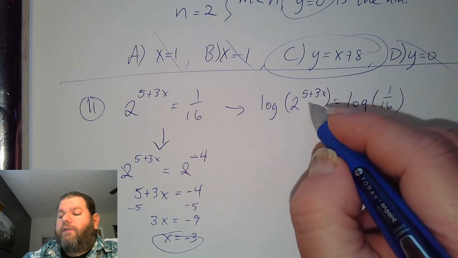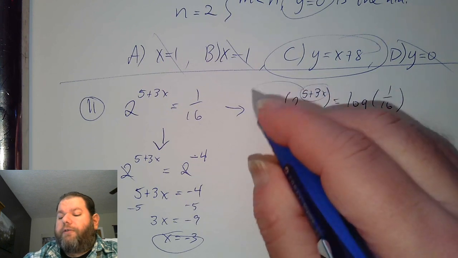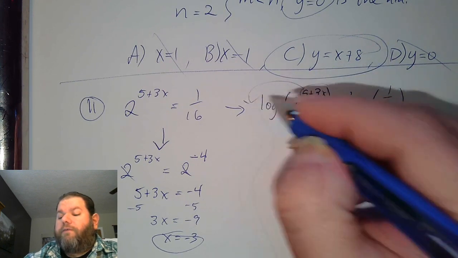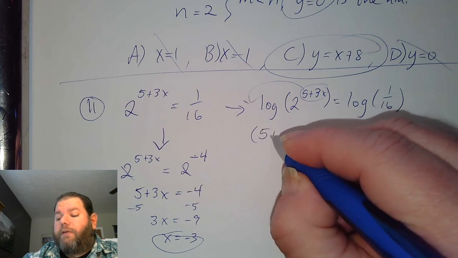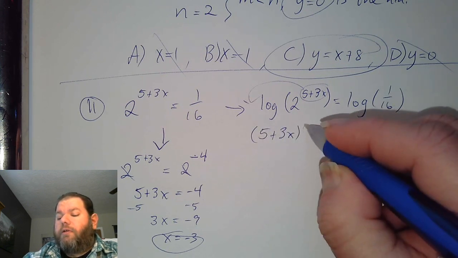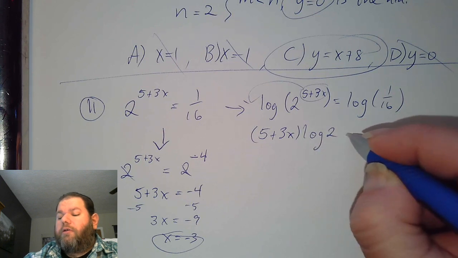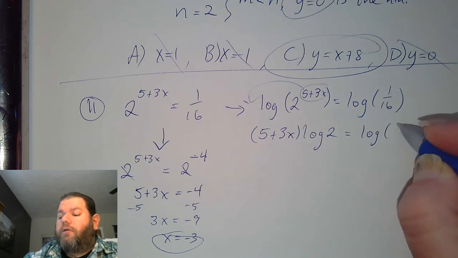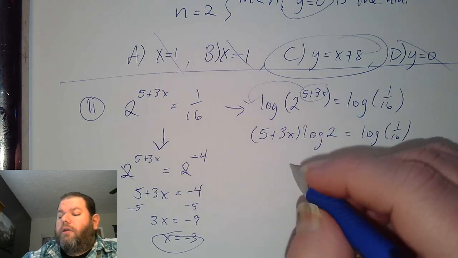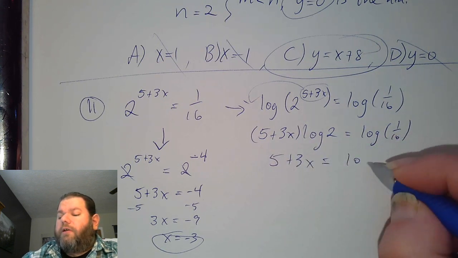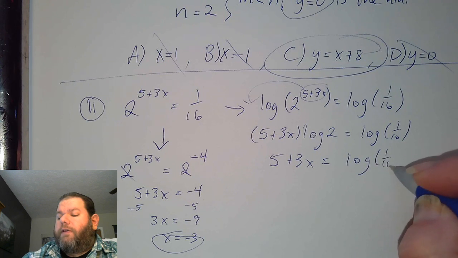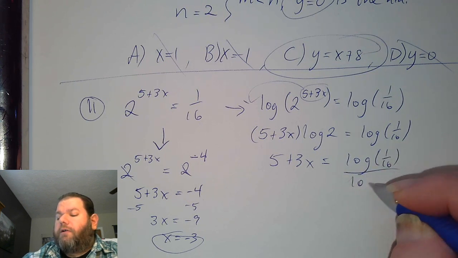Once this is inside of a logarithm, we can take our exponent and move it out as a coefficient because of our properties. And so we can say 5 plus 3x is equal to log of 1 over 16 divided by log of 2.